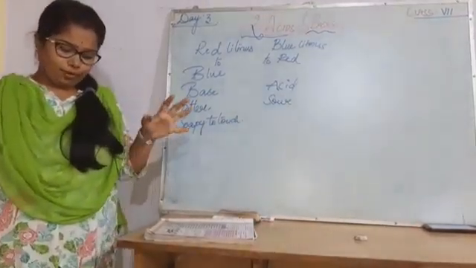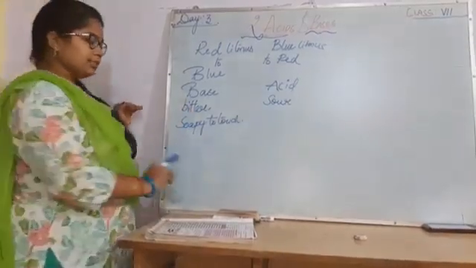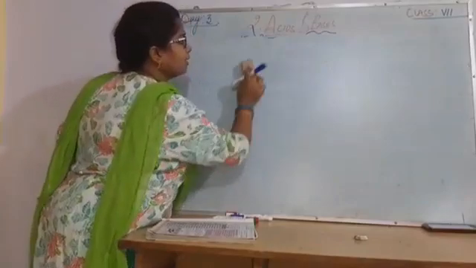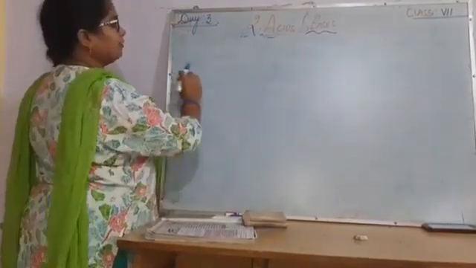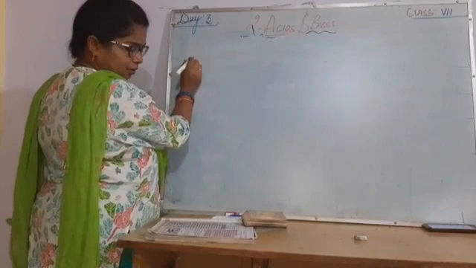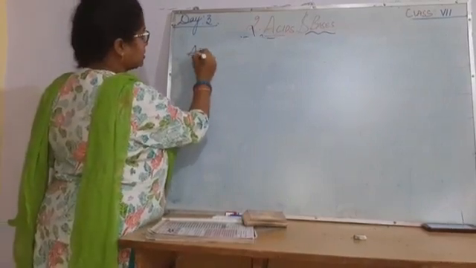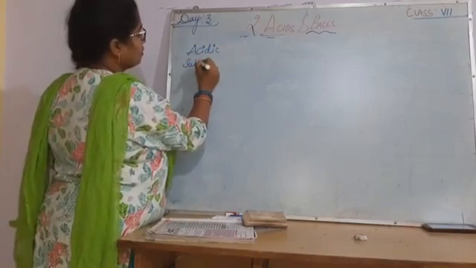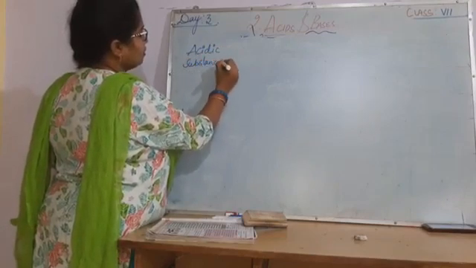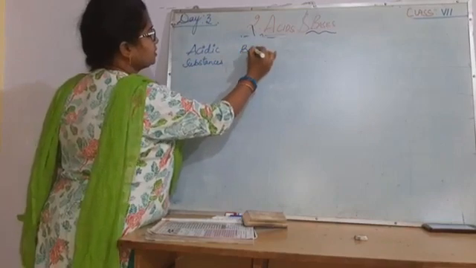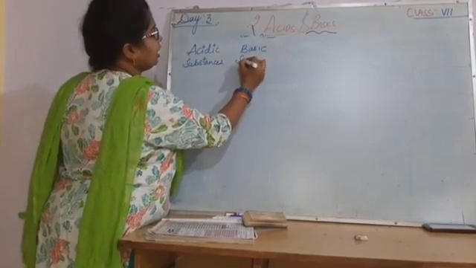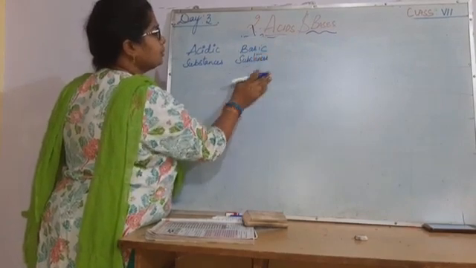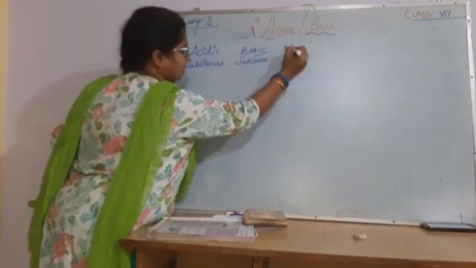In table 4 you are supposed to segregate the substances from table 3. What are acidic substances? What are basic substances? What are neutral? Neutral substances are those which do not change their color on either blue litmus paper or red litmus paper.